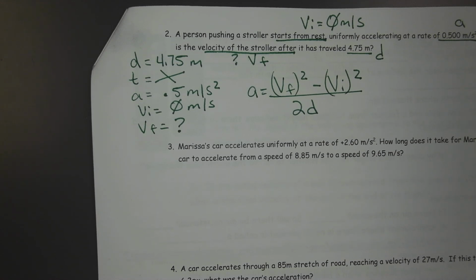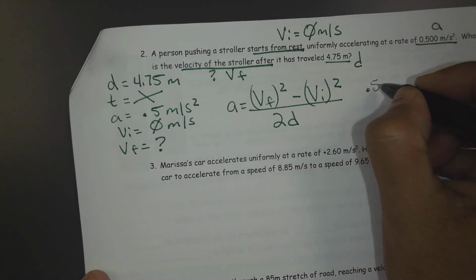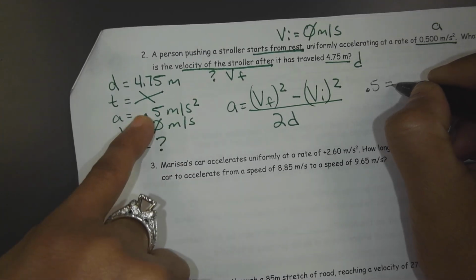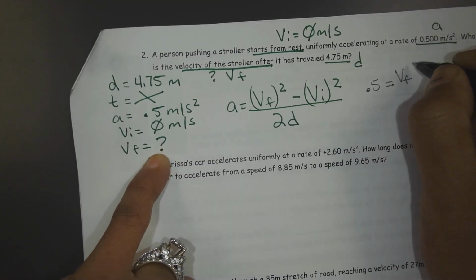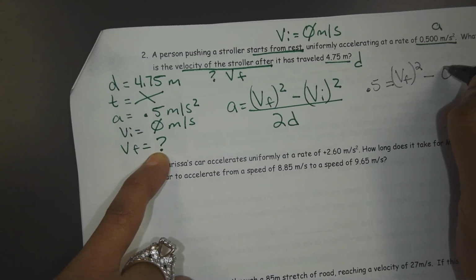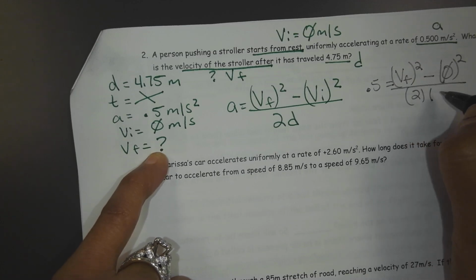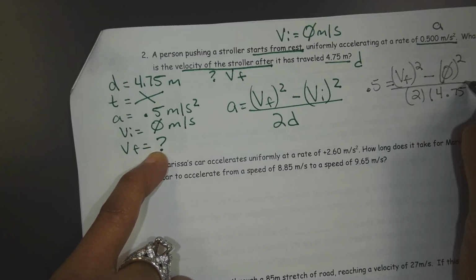Okay? Was D ever talked about, discussed, or given? Yes. Was T ever talked about, discussed, or given? No. T was never talked about, discussed, or even given in the equation. Now we're going to fill in the variables. 0.5 equals VF, right here is my unknown, squared, don't forget to square that, minus 0 squared over 2 times 4.75.